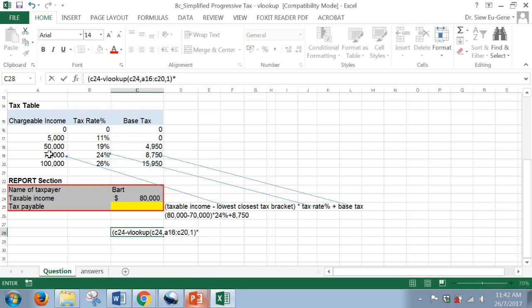The next VLOOKUP will refer to the tax rate. So again, VLOOKUP C24, which is the taxable income. Table location again. And this time it refers to the second column, to 24%.